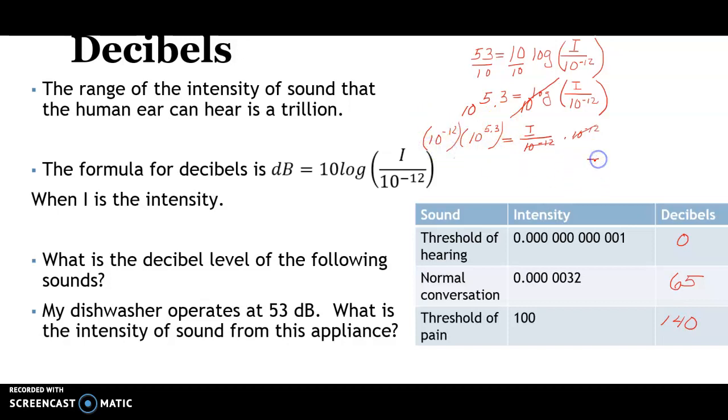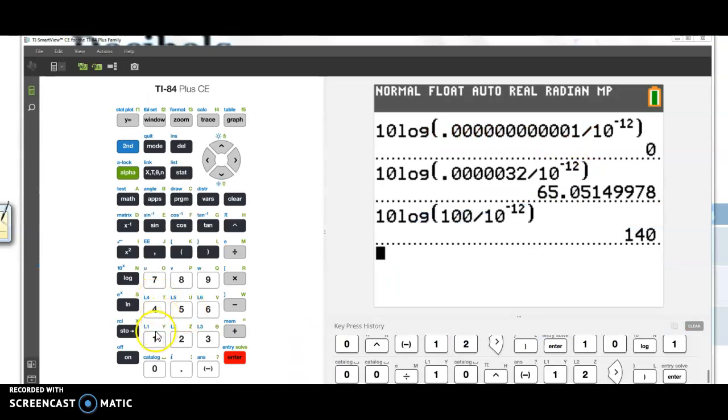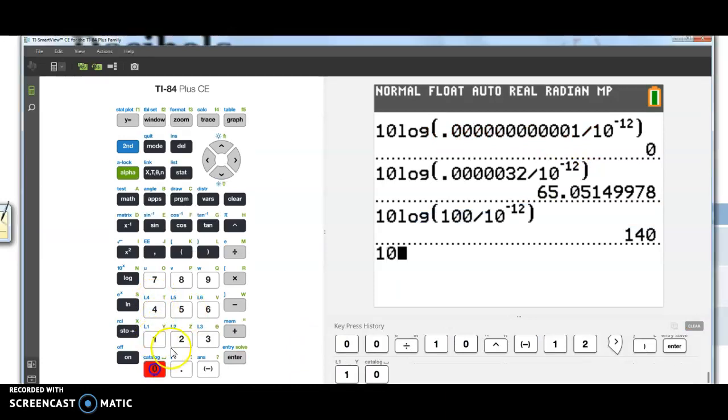And so I will find the intensity of sound equals, and I have to go to a calculator to do this. So I have 10 to the negative 12 power times 10 to the 5.3 power.